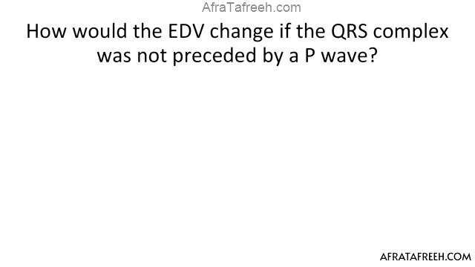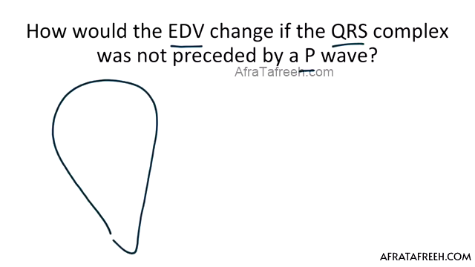Okay, one last question. How would the end diastolic volume, or EDV, change if the QRS complex was not preceded by a P wave? Again, this is the heart, and this is a normal EKG. Recall that the P wave represents depolarization of the atria.